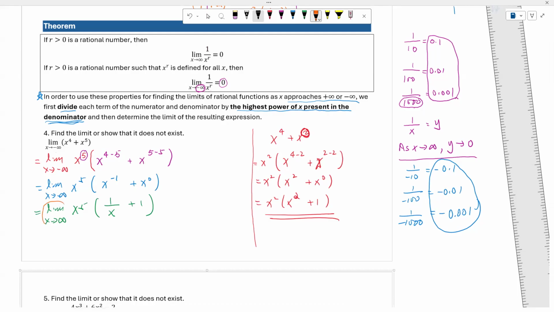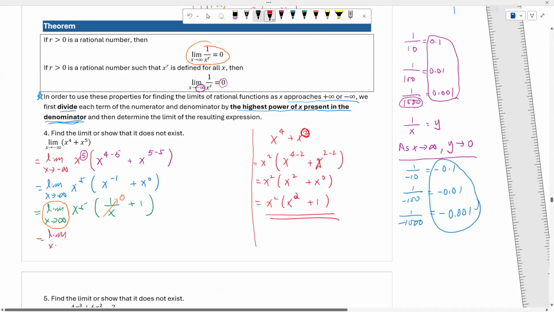Now, as x approaches infinity, this term goes to 0. We are using this property here, because in this case r is 1, so we know that the answer is 0. Then we will have the limit of x to the power 5. So now we could actually work with these functions.